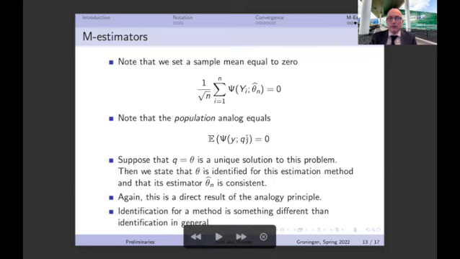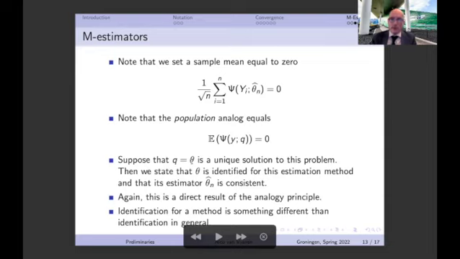Now the most important condition arises, because suppose that we can prove that the unique solution of this relationship that we have over here is that q is equal to theta, where theta is the real value of the object that we try to estimate.